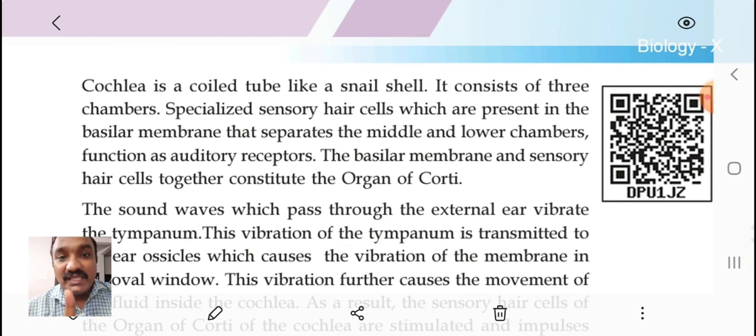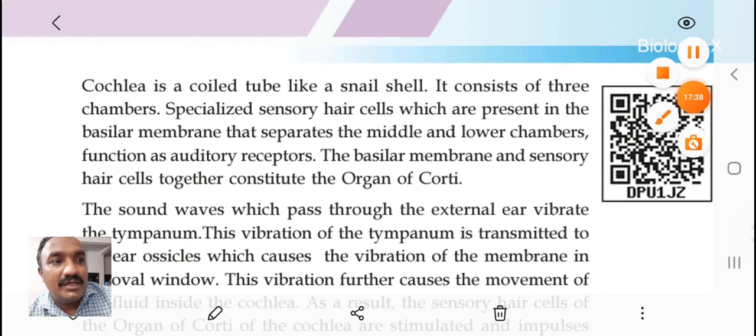Look, 3 layers are there. The middle layer and lower layer are separated by a membrane that is called the basilar membrane. That membrane contains the receptors, the specialized sensory hair cells.